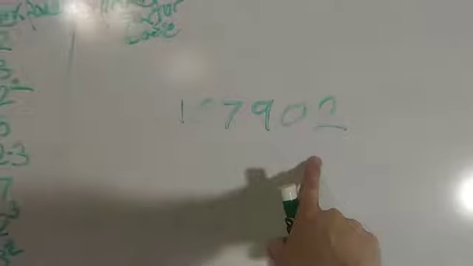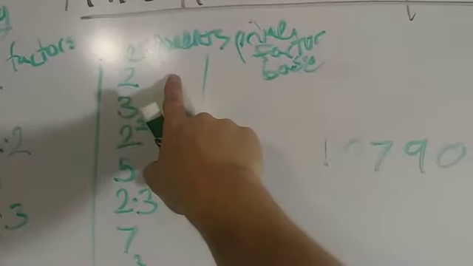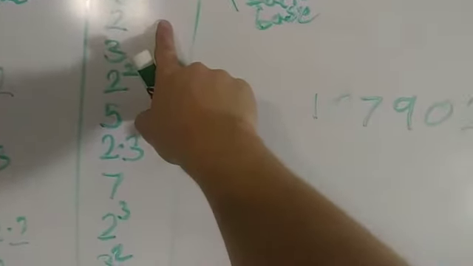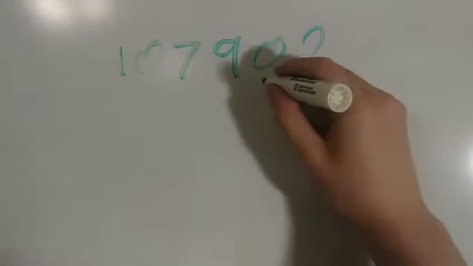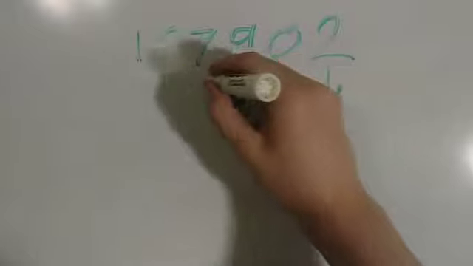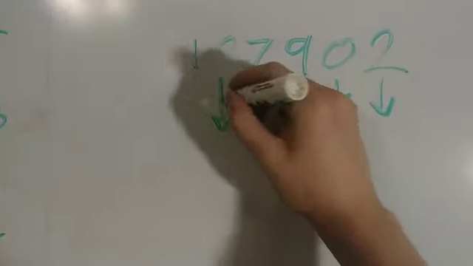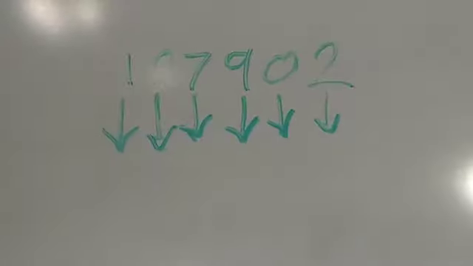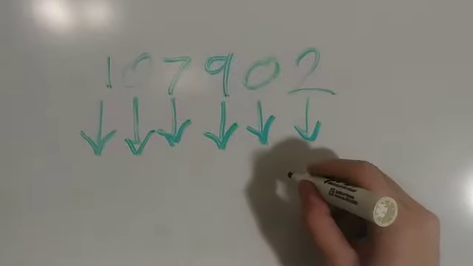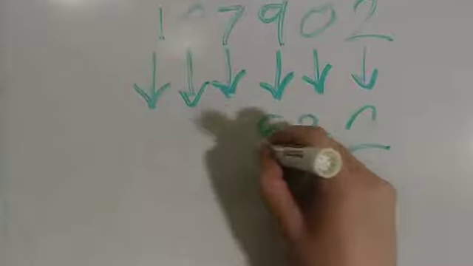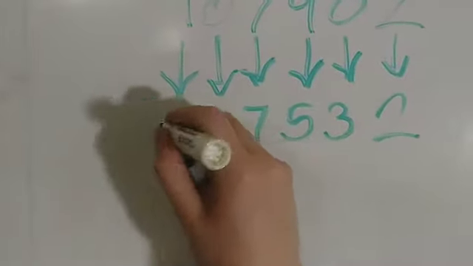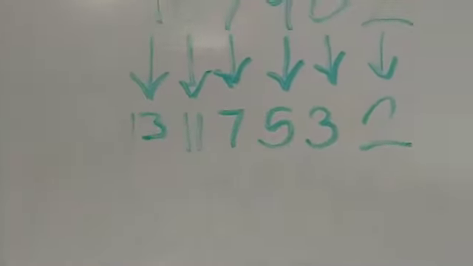So this translates into the exponent form in this way. So these all go down and you have 2, 3, 5, 7, 11, 13.